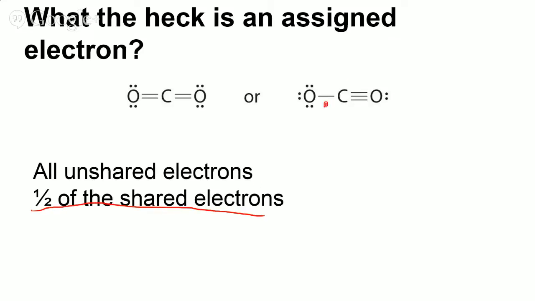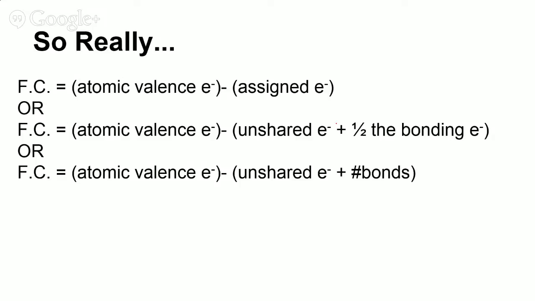If they're sharing 2 electrons here, half of that is 1, so it would get 1 of those electrons. So if we're talking about the math, you take the atomic valence electrons minus the assigned electrons, which is really the same thing as the atomic valence electrons minus the unshared electrons and half the bonding electrons.